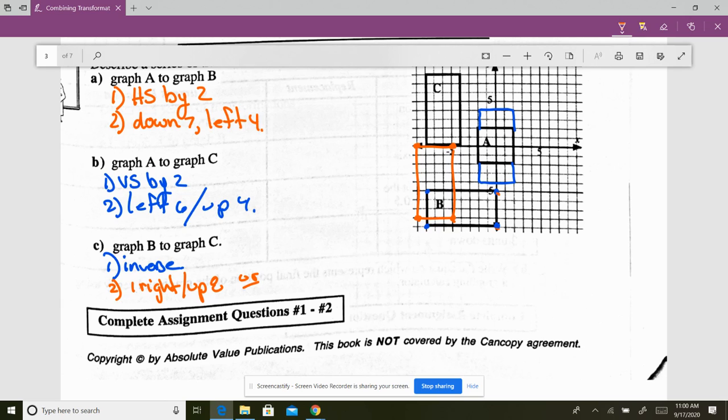It doesn't matter. It's your choice. So flip over the x-axis and then go 1 right. Either way, you end up at C. That one's a bit tricky because you have to see the inverse initially. But let's try questions 1 and 2, please.